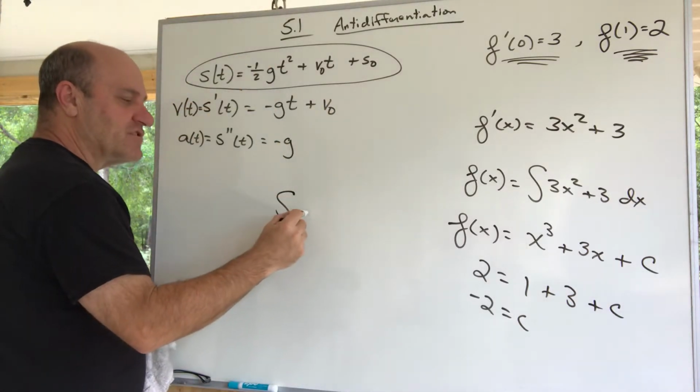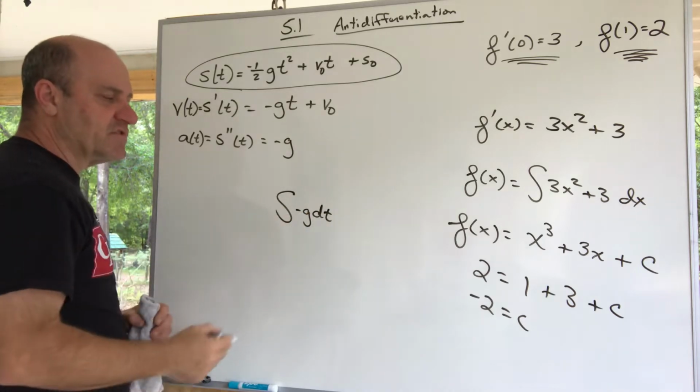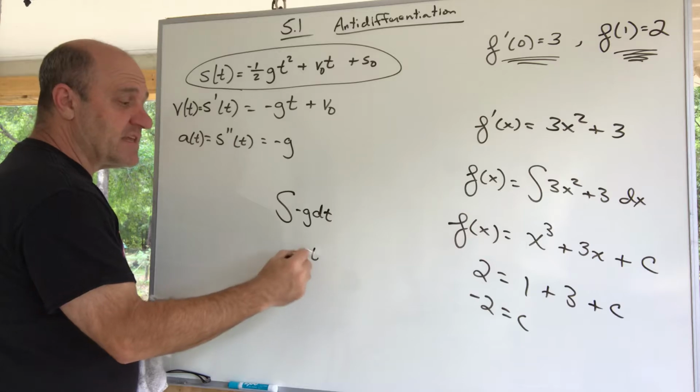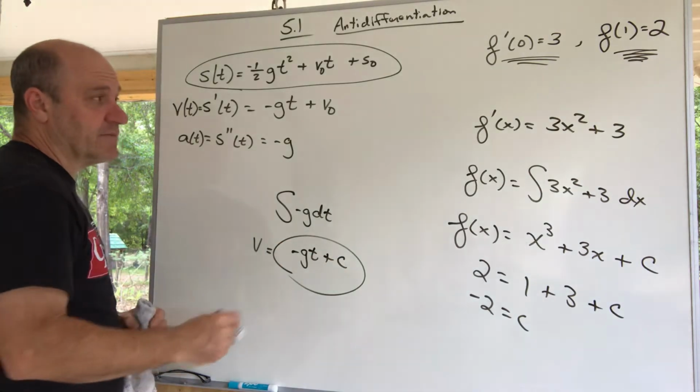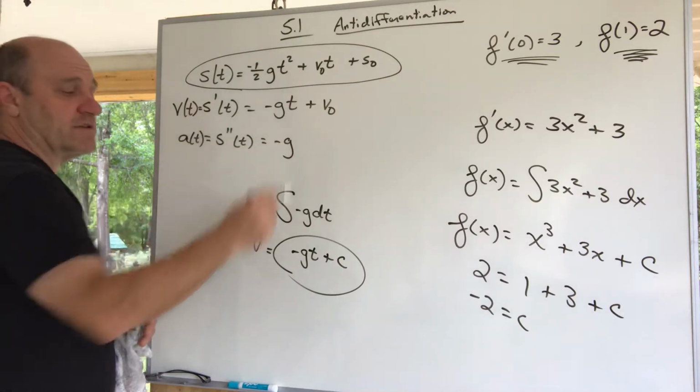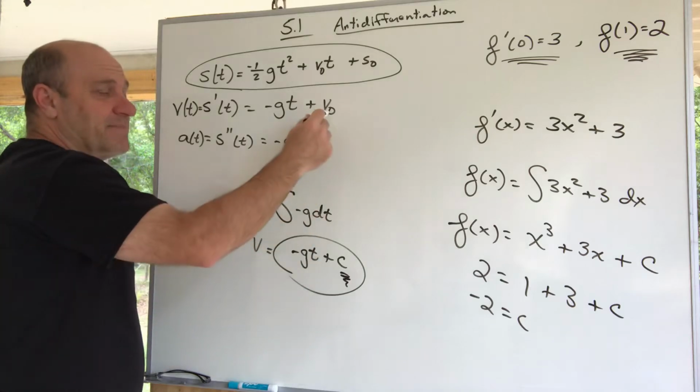So g's a constant, the variable's t, and the answer is gt plus some c. And this is the velocity equation. But guess what the c is? The c is that initial velocity.